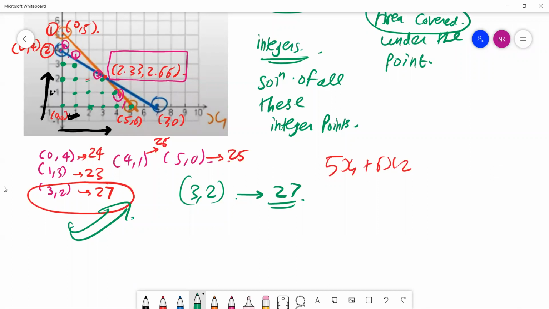As a result, I will be considering the points which are lying very close to my constraint lines. So these are the 5 points near to my constraint lines, and I will be calculating the objective function values for those particular 5 points.